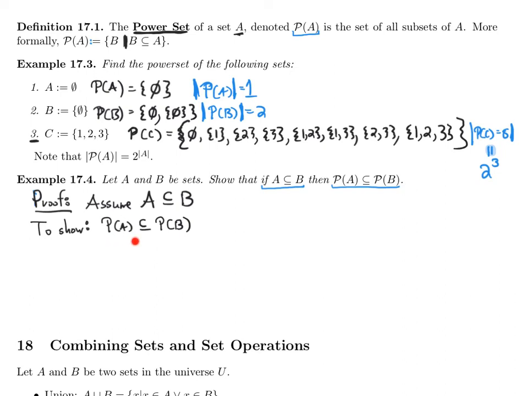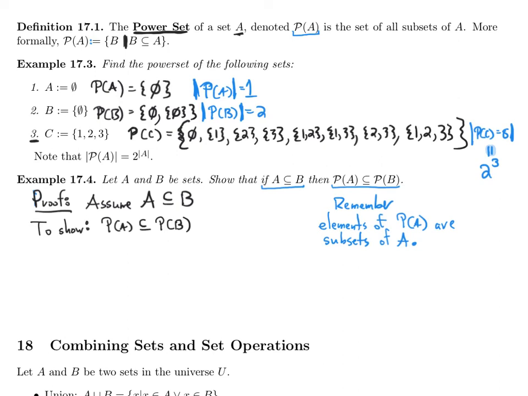Okay. Now, think about it. What are the elements of a power set? That's kind of the key to this. So remember, elements of the power set of a set A are subsets of A. That's the key here.